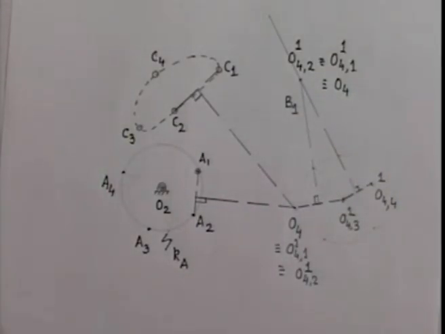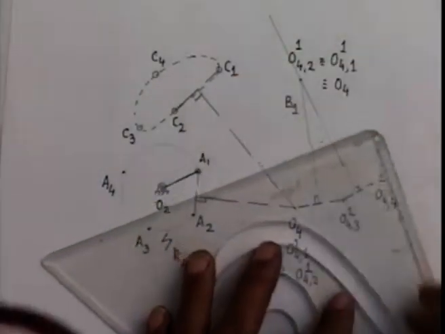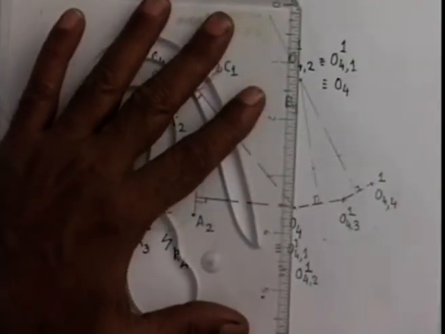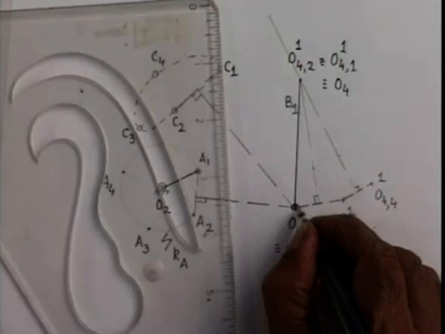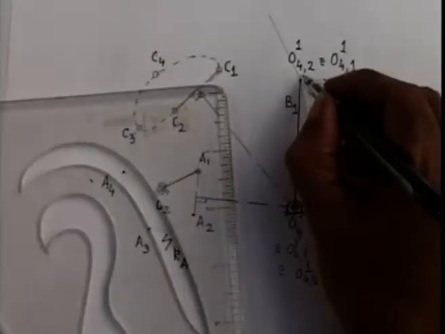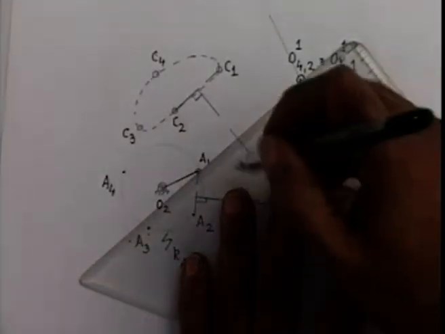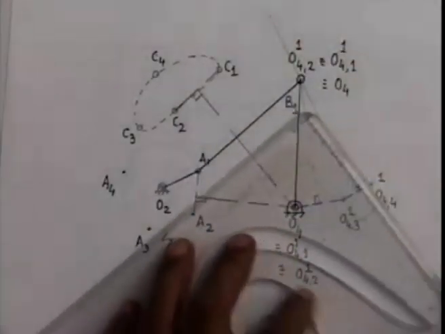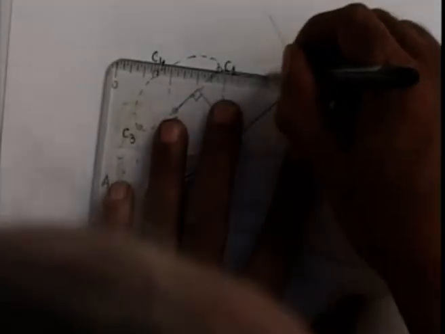So at this stage we have reached up to the design of the 4-bar linkage, namely O2A1, O4B1, A1B1, and ABC is the coupler at the first configuration, that is C is the coupler point C1.